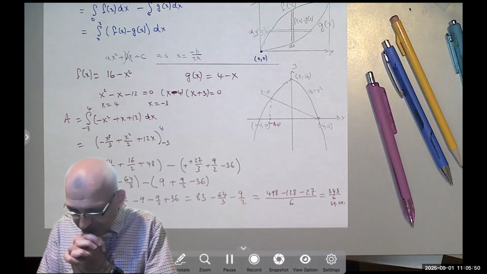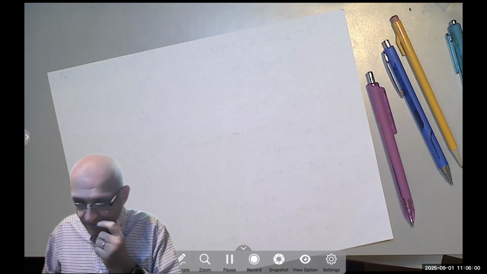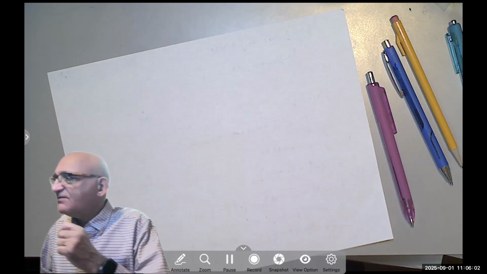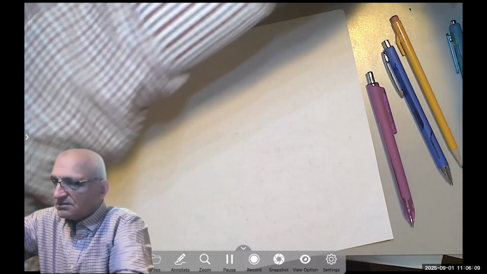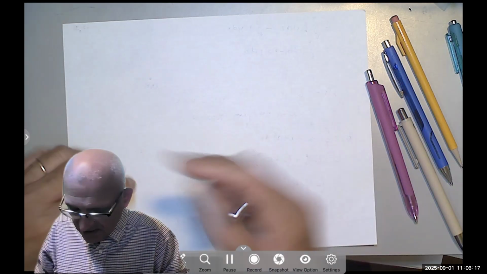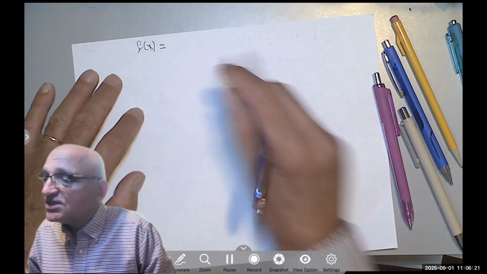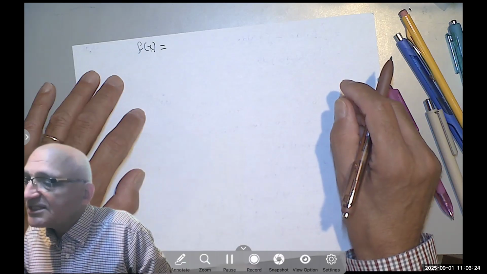Let's move to another example. I want to show you, let's see, do we have a nice one? Oh yeah, here's the pencil. I found it. So this example from some sites says f of x, and I like this one because it's going to illustrate what I wanted to show you.